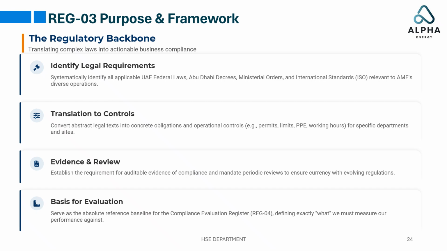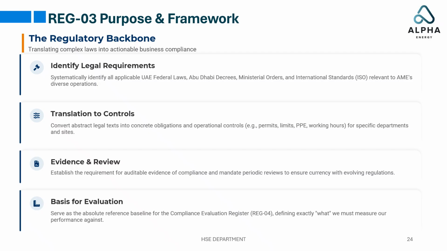The next step involves translating these requirements into operational controls, converting legal text into clear obligations and site-specific controls such as permits, operational limits, personal protective equipment requirements, and working hour regulations for relevant departments and locations.